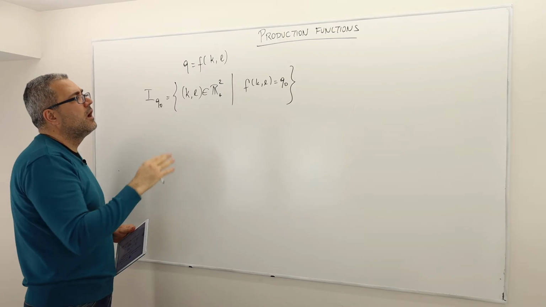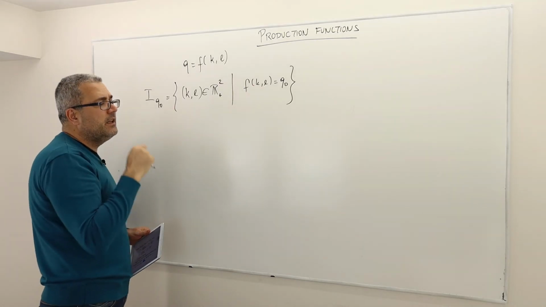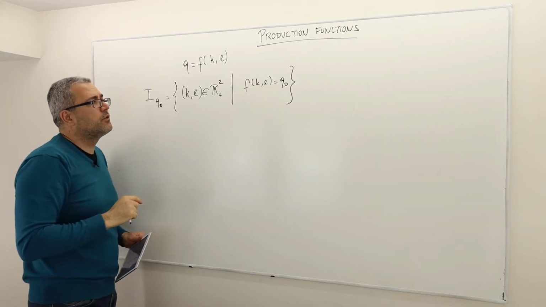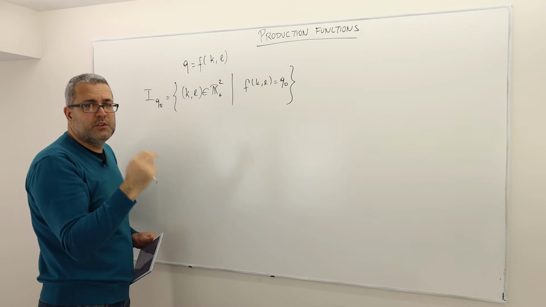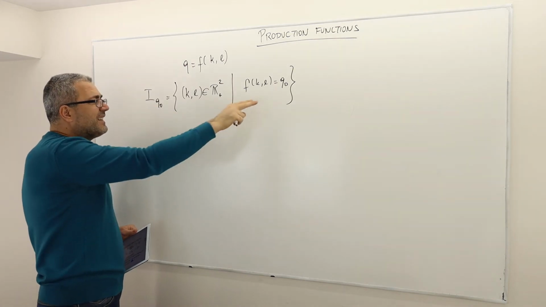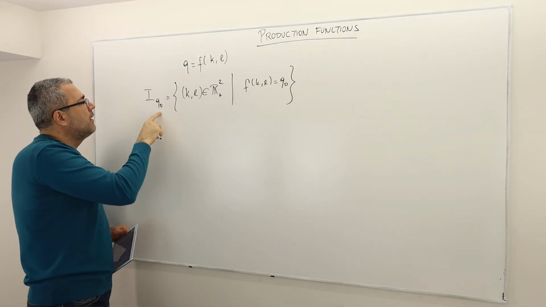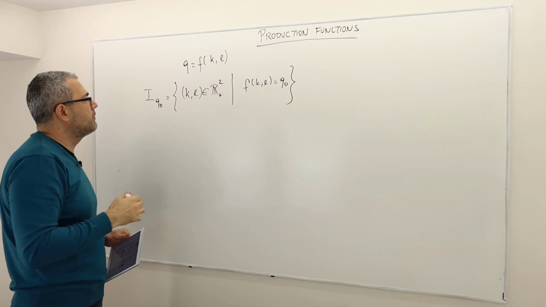So the question is, what are the input combinations, K and L, that I need to use to produce Q0 amount of output? Here the level is Q0, a real number, and so this is the level set for the production function F for the level of Q0.